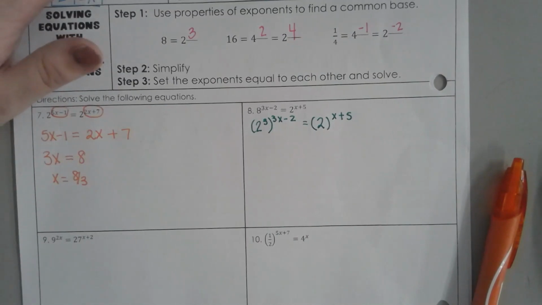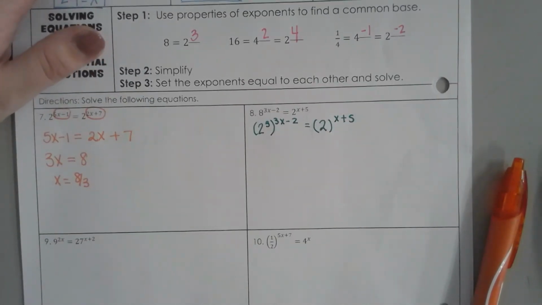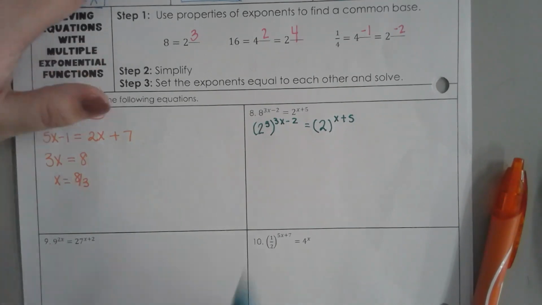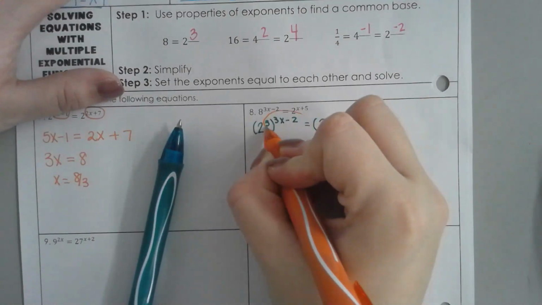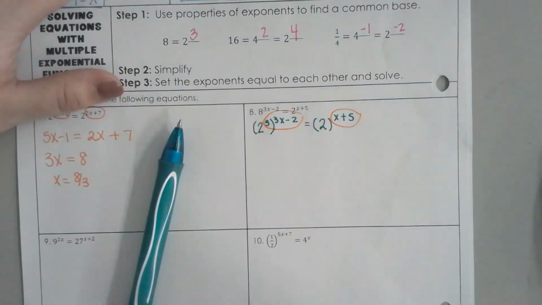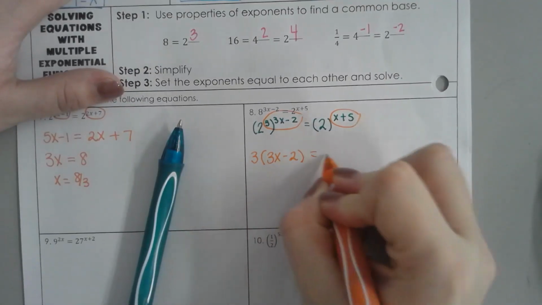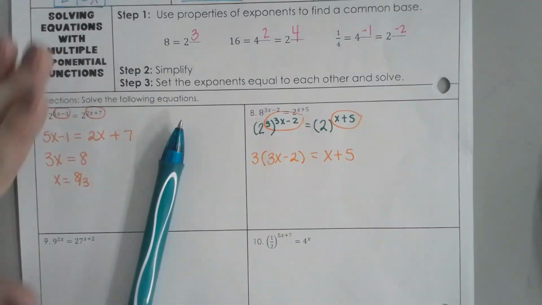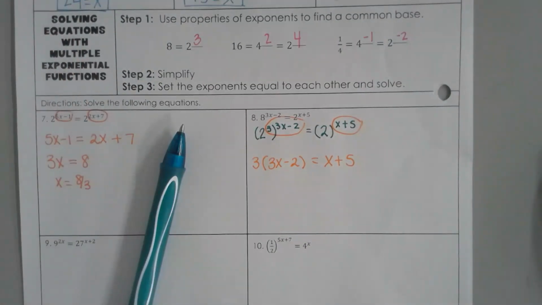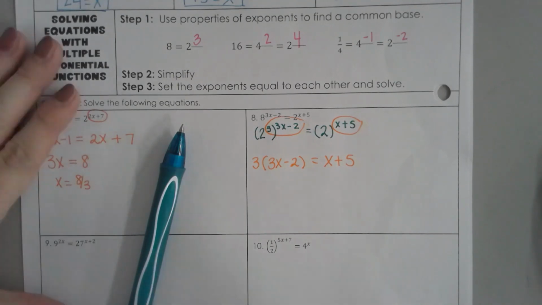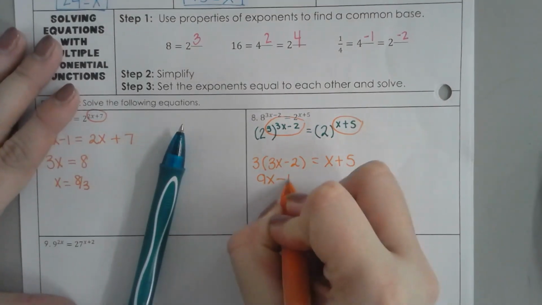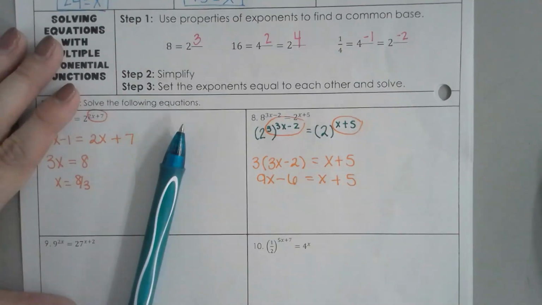Remember exponent rules. When you have an exponent to an exponent, what do you do with those? Multiply them. So when I set these equal to each other, this is really going to be 3 times 3x minus 2 equals x plus 5. So I'm going to have to distribute that 3. So this would be 9x minus 6 equals x plus 5.